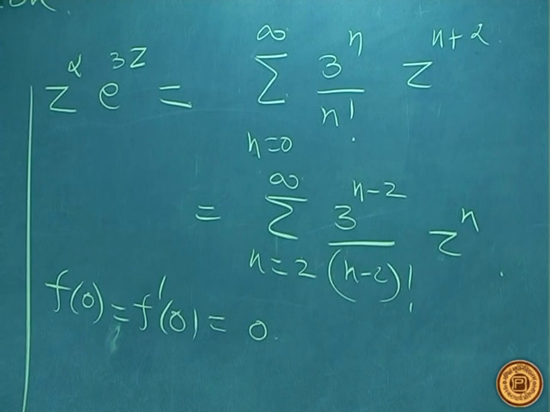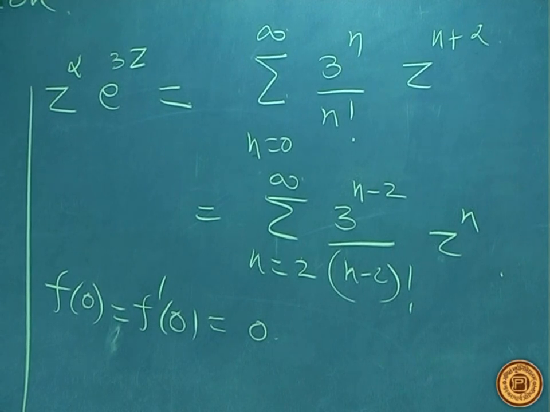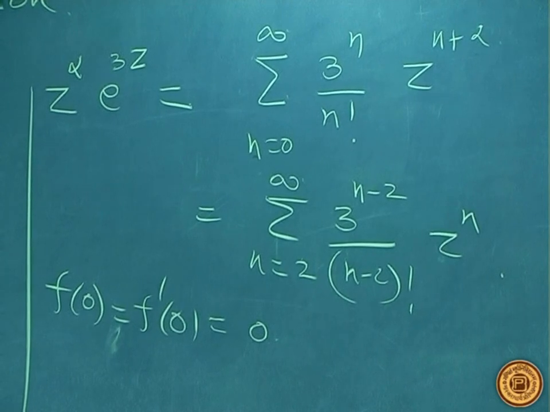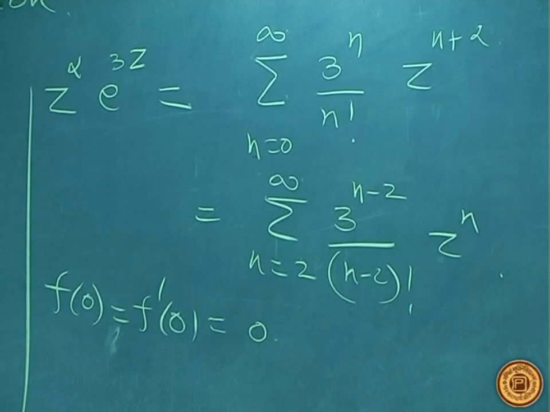Another variation is that you take the same function, but then you expand the function around a certain other point. So suppose you take e to the power z and you want to expand it in the powers of z minus 1, for example. Let's do that.